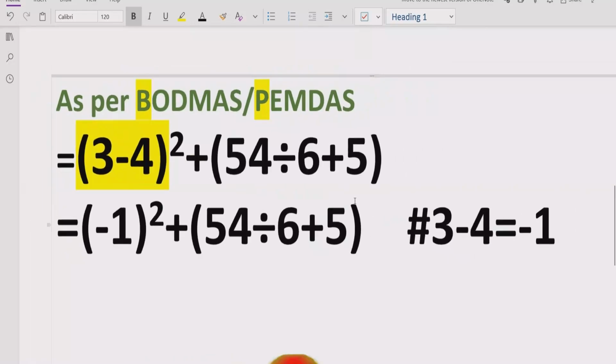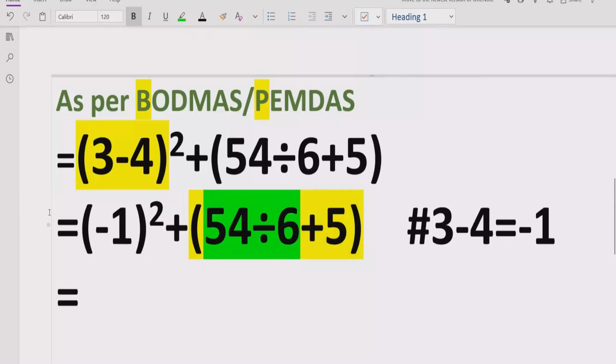Now move forward. Step number 1. We will repeat again because we have this bracket which is 54 divided by 6 plus 5. Basically we have to solve first the division, because according to the rule, first of all, we have to solve the division. So here we have to solve this one.